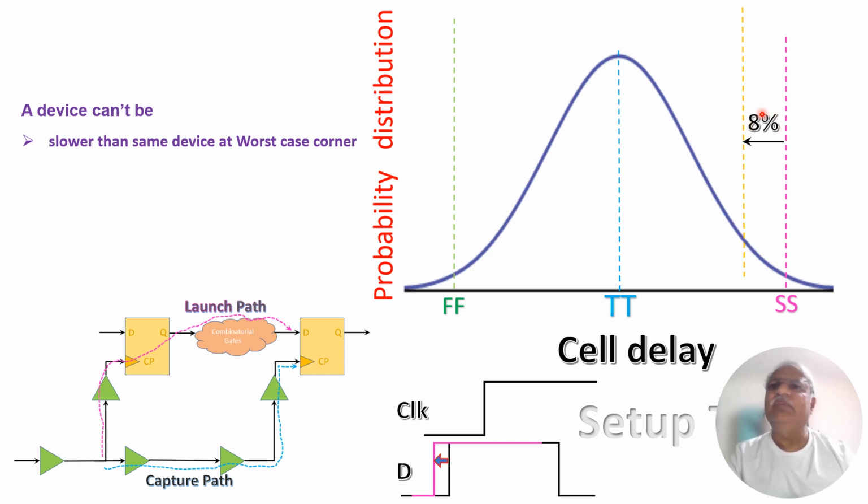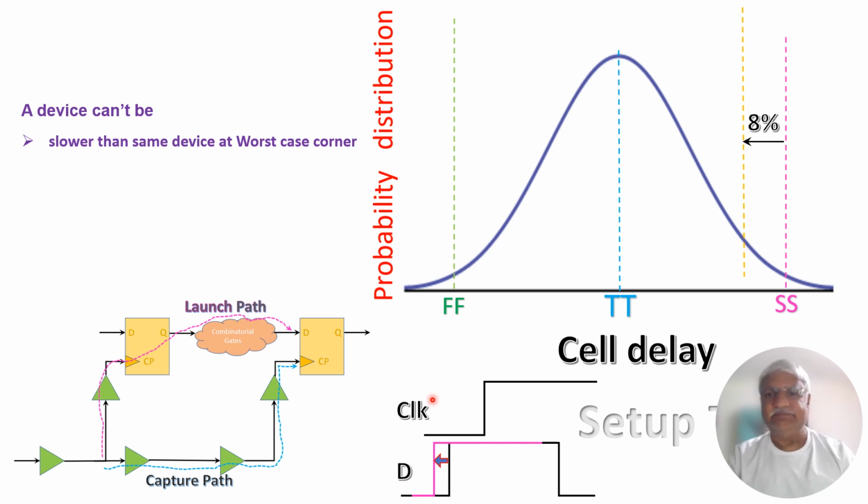If we assume that 8% is considered, the data which comes here will arrive earlier, because these items have smaller delay. That is how we visualize during simulations a scenario which mimics the local variations in the die.